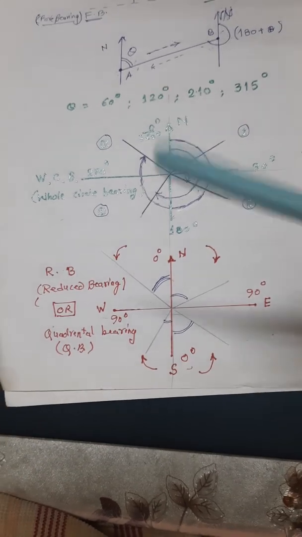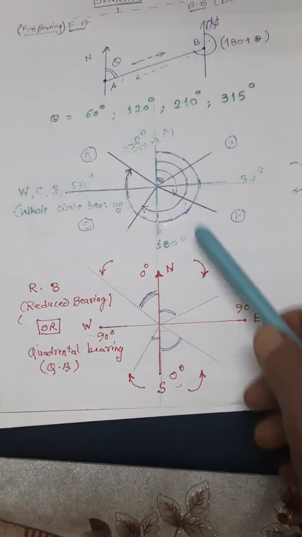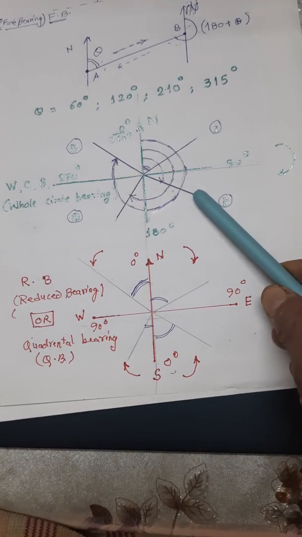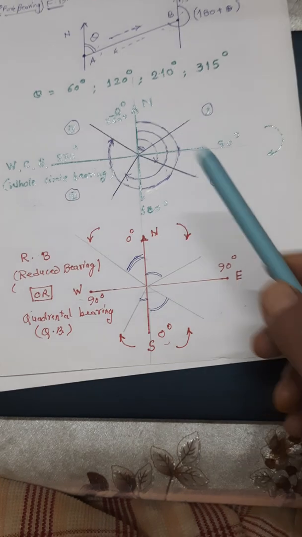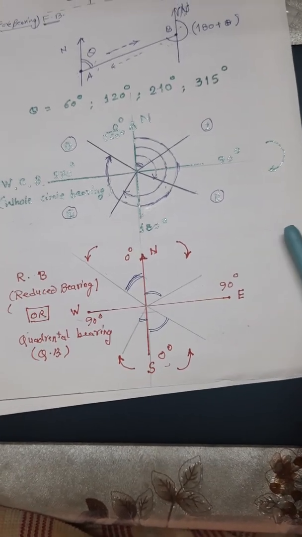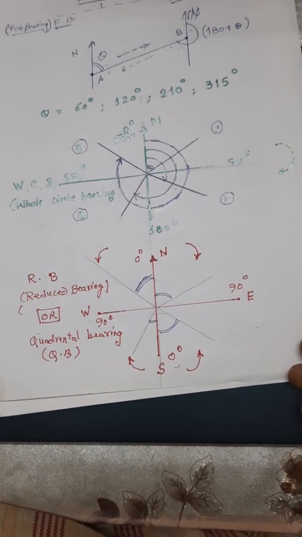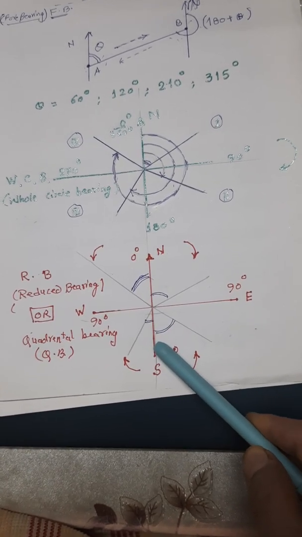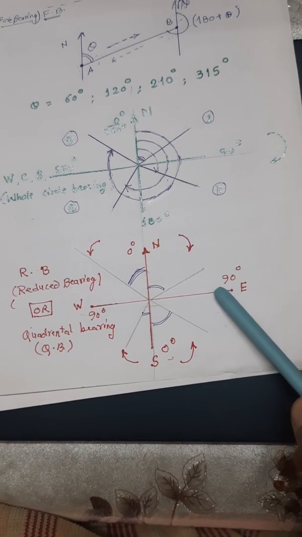But if the angle is 120 degrees, how can it be defined? We know it is in the second quadrant. If it is in the second quadrant, that is from south to east.